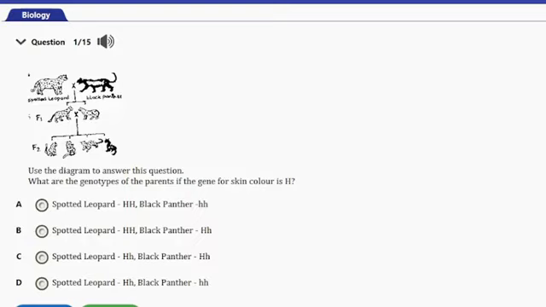So that's 1/4 for black and then 3/4 for the spotted leopard in the F2 generation. Considering this flow, we know already that the spotted leopard is going to be homozygous dominant, whereas the black panther will be homozygous recessive. And that's it for this question.